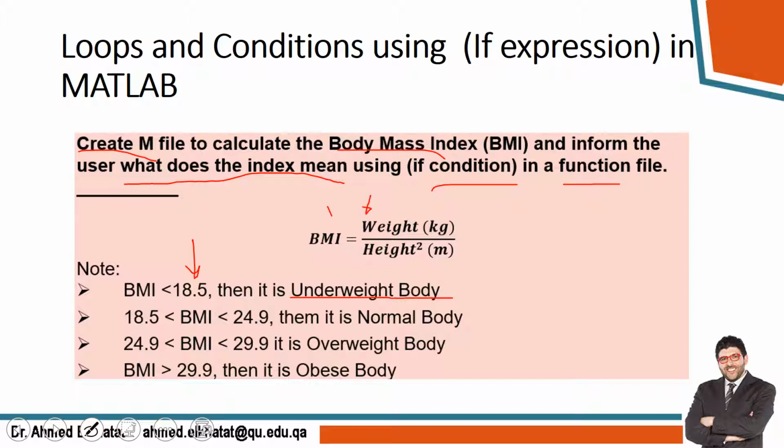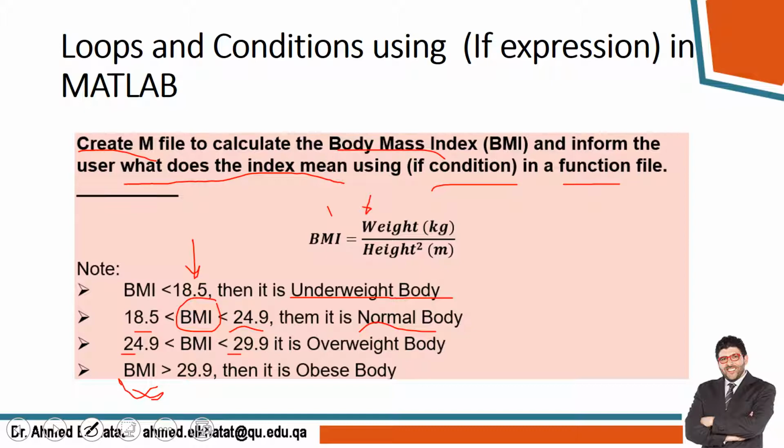If it is between 18.5 and 24.9, it's a normal body. If it is between 24.9 and 29.9, it's overweight. If it is larger than 29.9, it is an obese body.